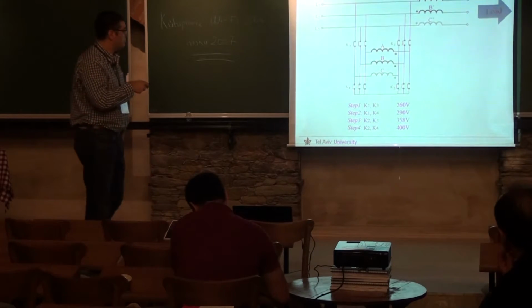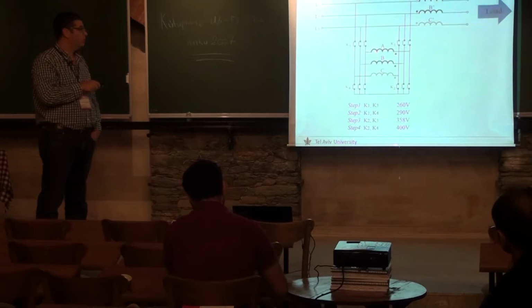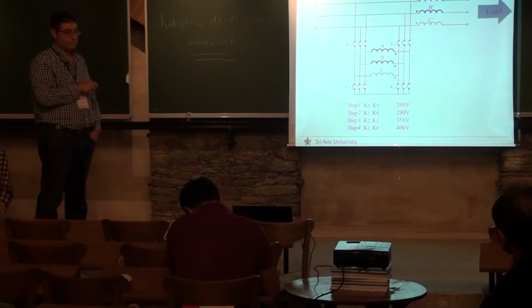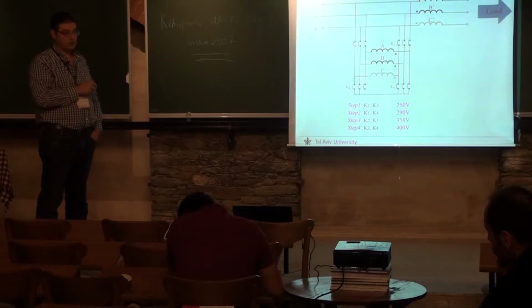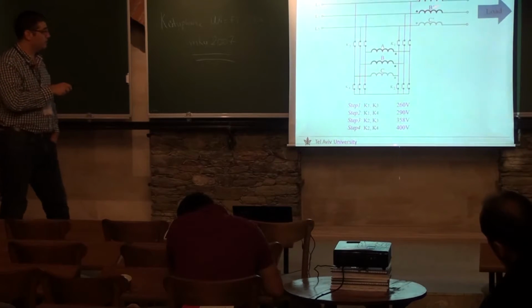Suppose we choose a turns ratio of about 0.26. So the voltage drop across this one here is 0.26 times the line voltage, right? And they are in the same phase.